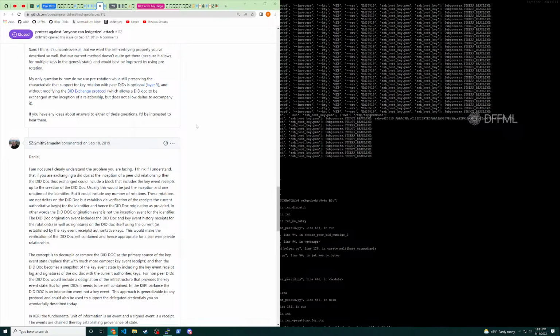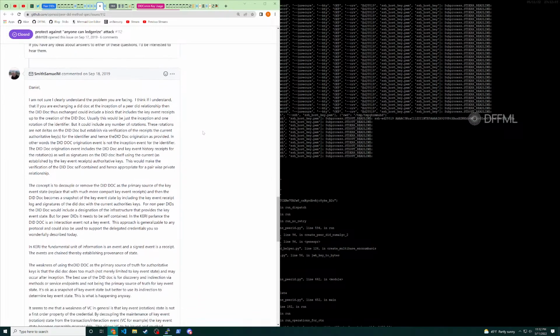These rotations are not deltas on the DID doc, but are established via verification of the receipts, giving the current authoritative keys for the identifier, and hence the DID doc origination as provided. In other words, the DID doc origination event is not the inception event for the identifier. The DID doc origination event includes the DID doc and the key event history receipts for the rotations.